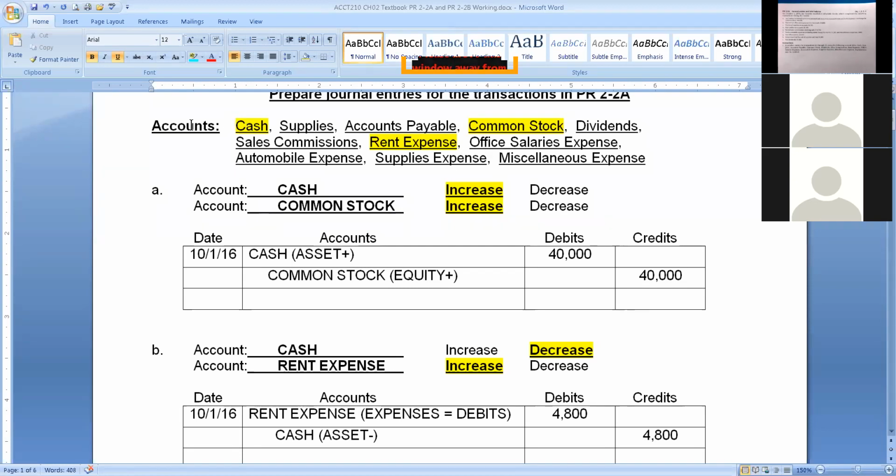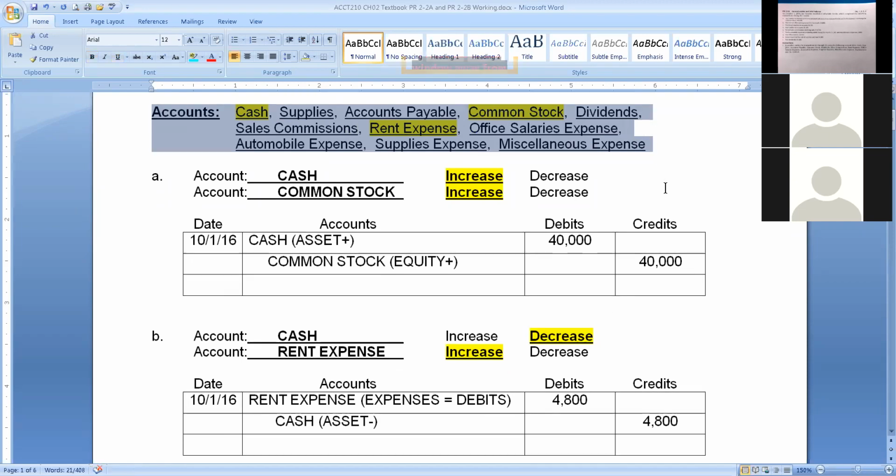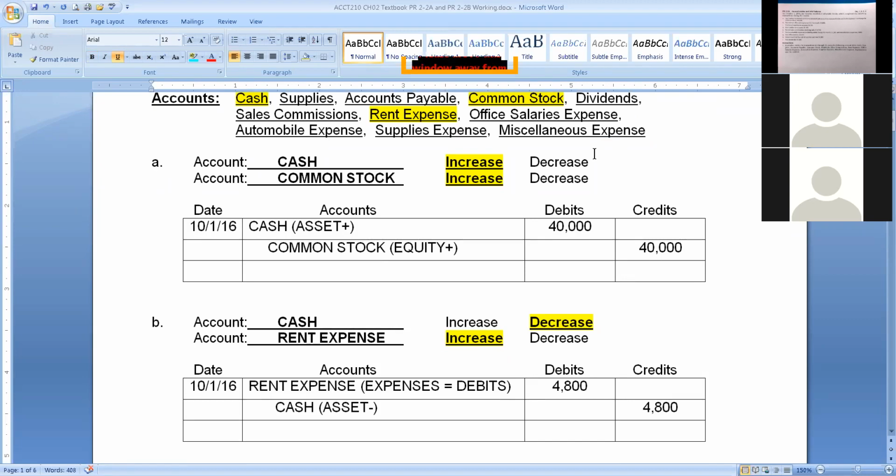And here are the accounts up at the top here. So purchase supplies on account. Would it be supplies expense? Yep. So supplies expense, and then what's going to be the other side? Cash?